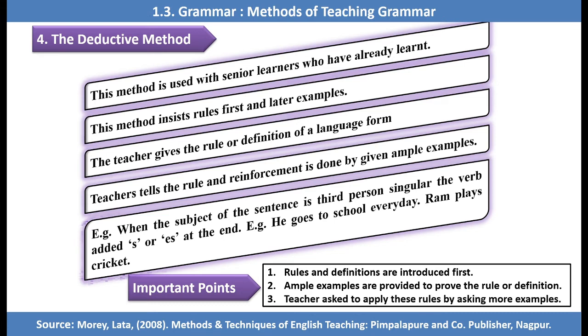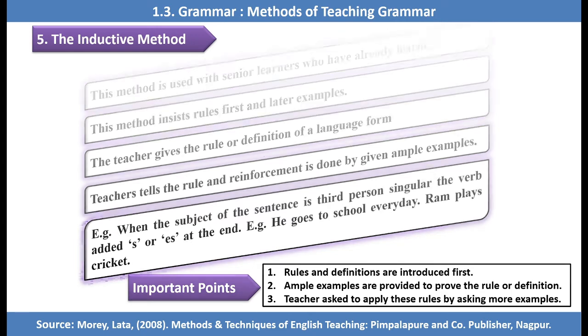That is, ample examples are provided. The teacher asks students to apply these rules by asking for more examples, and when students have understood the rule, the teacher asks, give me some examples of this type of sentence. So here we learn the grammar by learning the rule and then giving more examples. That is the deductive method.